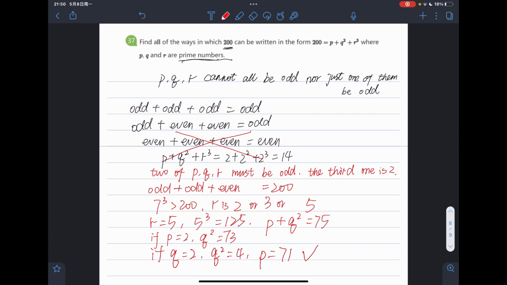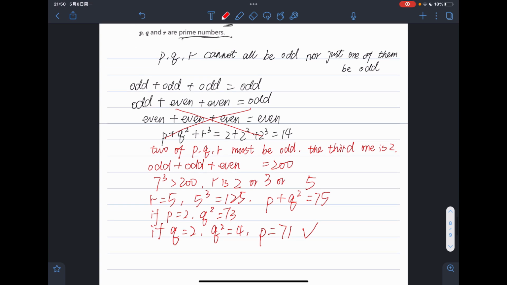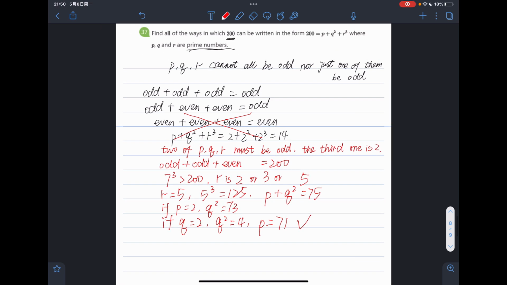So this one is possible. We have one possibility: q is 2, p is 71, and r is 5. All right?